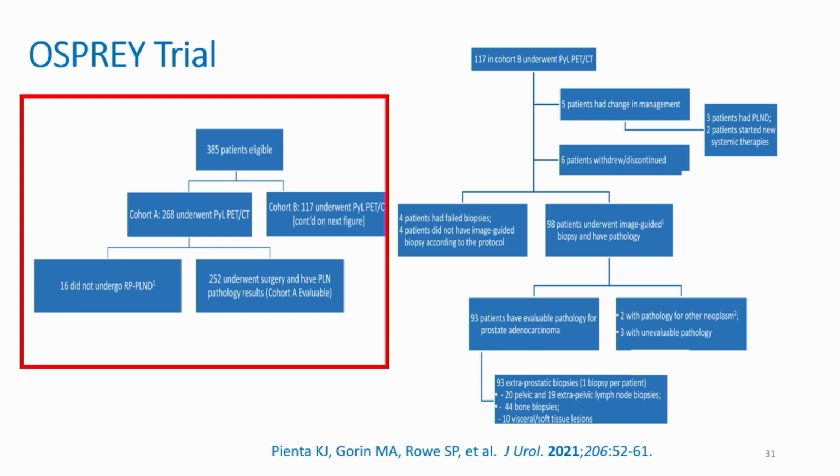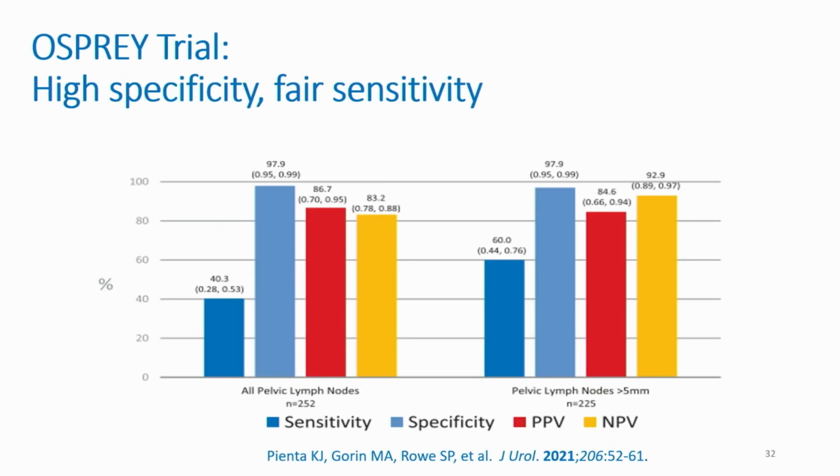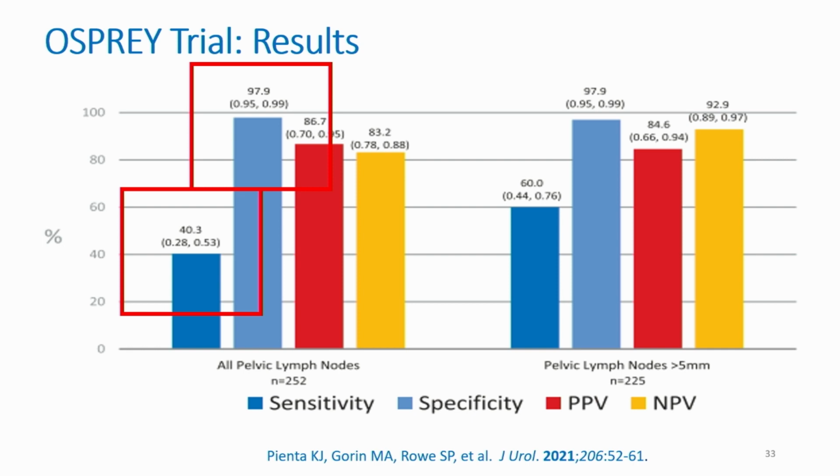Once again, the common theme throughout all of these: high specificity and fair sensitivity. So for all pelvic lymph nodes, it was about 98% specificity and 40% sensitivity. It was a higher sensitivity of 60% for larger pelvic lymph nodes, those greater than 5 millimeters.